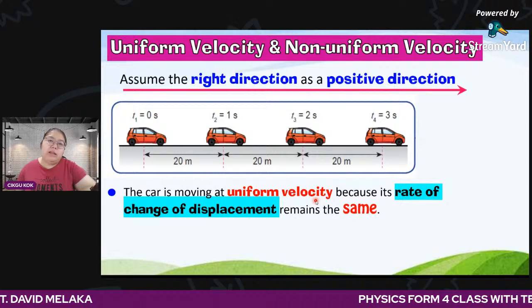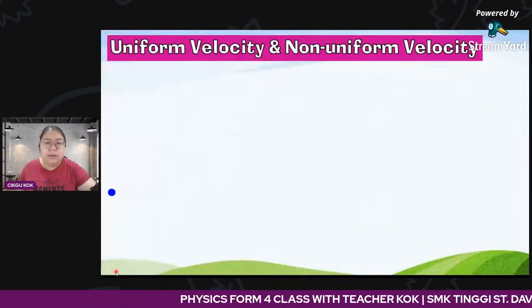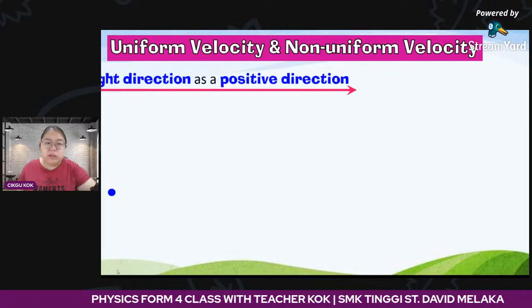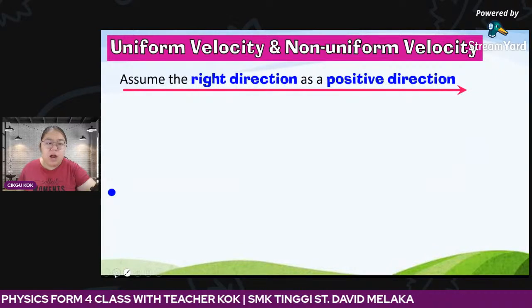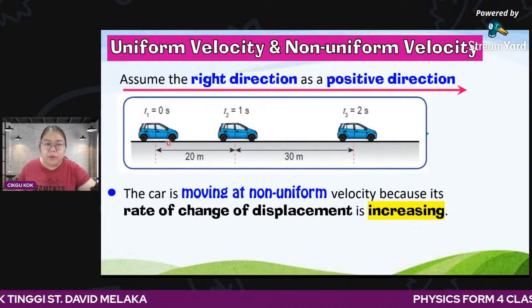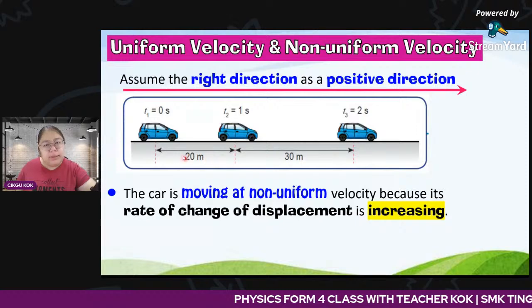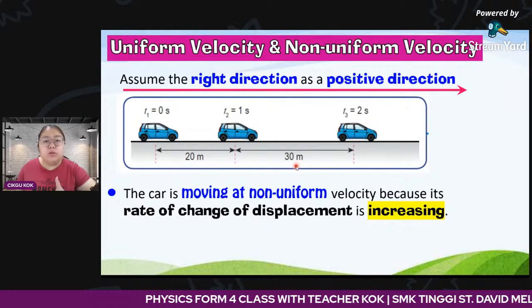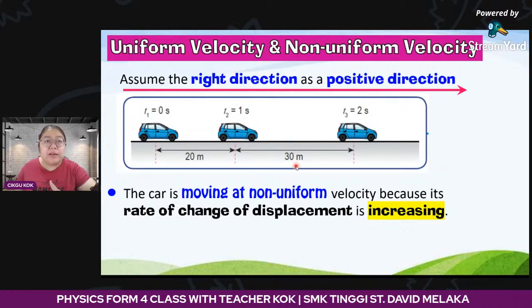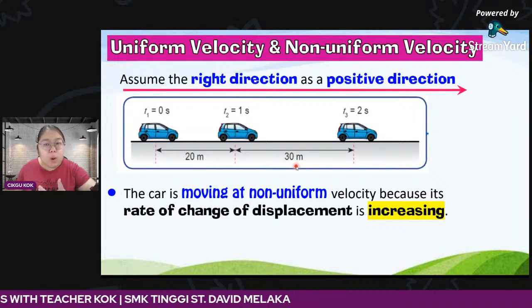Now I need to show non-uniform velocity. You can see the car keeps increasing its distance. The time taken is the same. When starting, I move 20 meter in 1 second. In another 1 second, I already go 30 meter, which means the car is faster now. Faster means the velocity cannot stay constant.